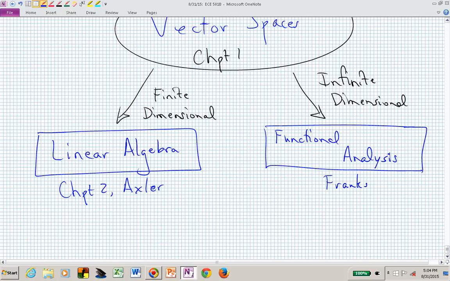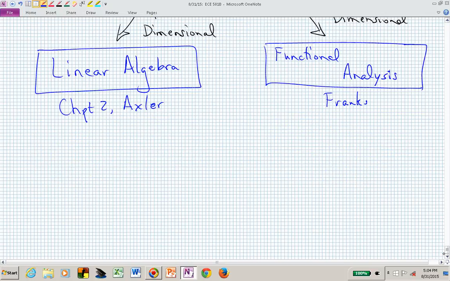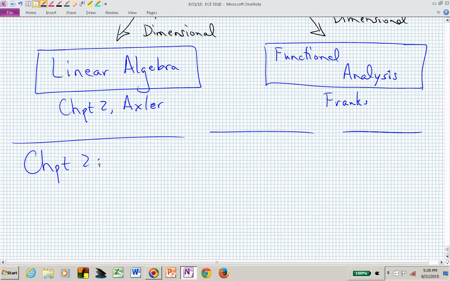And there you can think of these functions, continuous functions, differentiable functions, or functions that are continuous after differentiating a number of times, etc. That's now functional analysis. Let's look at this left path and get into chapter 2 of Axler, which is the finite dimensional vector spaces.